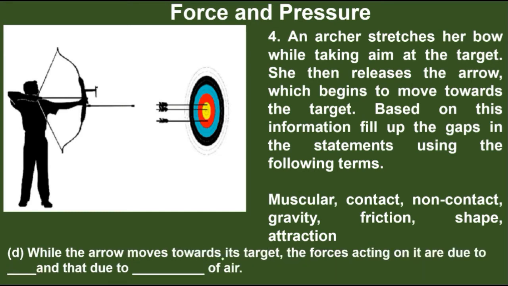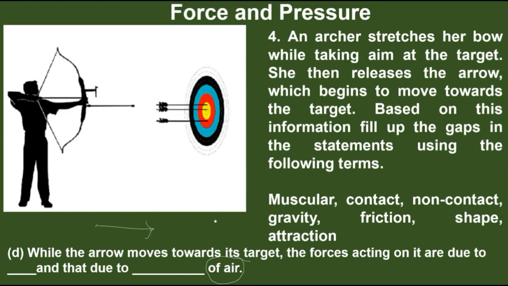The next one, D option. While the arrow is moving towards the target, the forces acting on it are due to dash and that due to dash of air. Look at this. While the arrow moves towards its target, the force acting on it. The arrow is moving forward. Remember, there are two forces acting on it. Can you tell me which are those two forces? The arrow is not supported by anything.